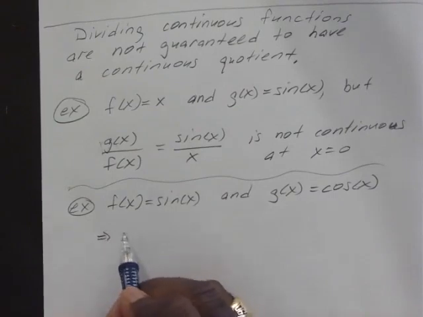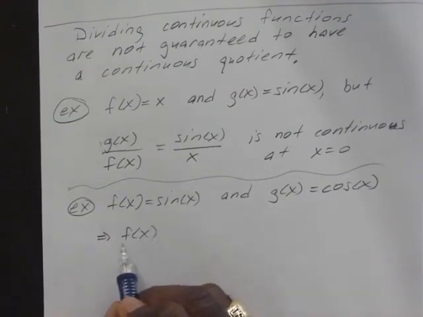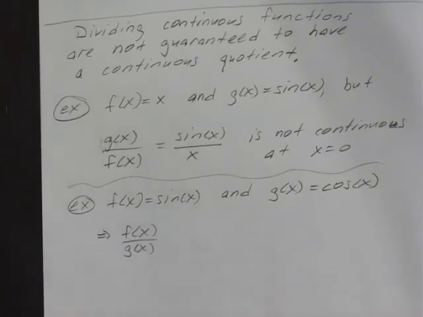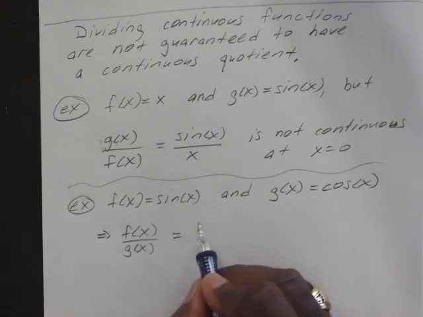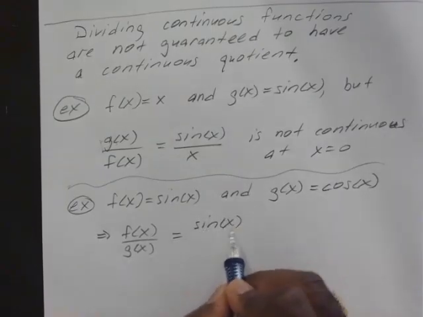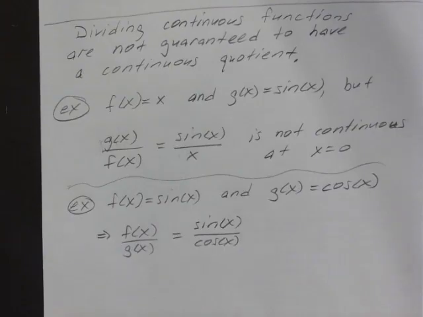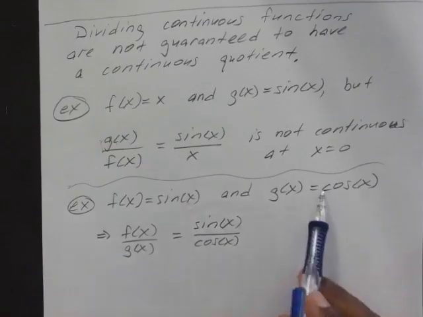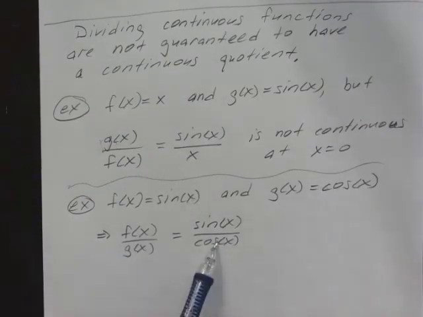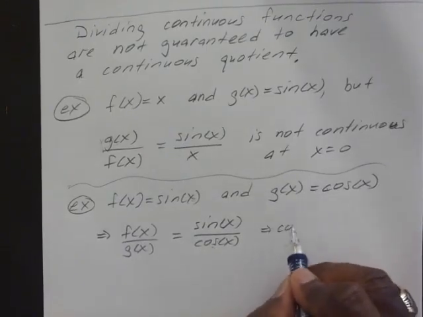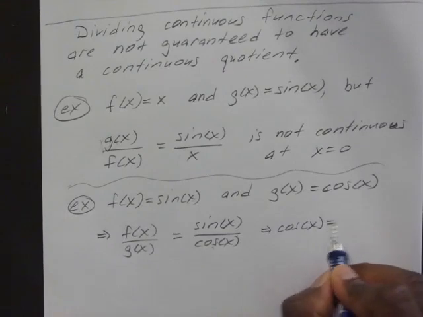If we decide to divide f of x divided by g of x, that gives us sine of x divided by cosine of x. Which means, since you have two continuous functions, if you divide them in this case, we know that cosine of x cannot equal 0.